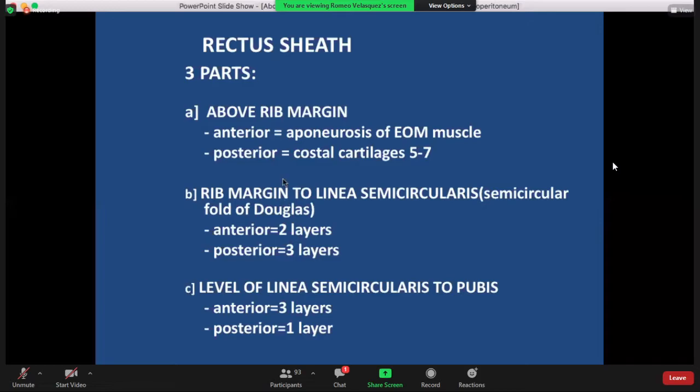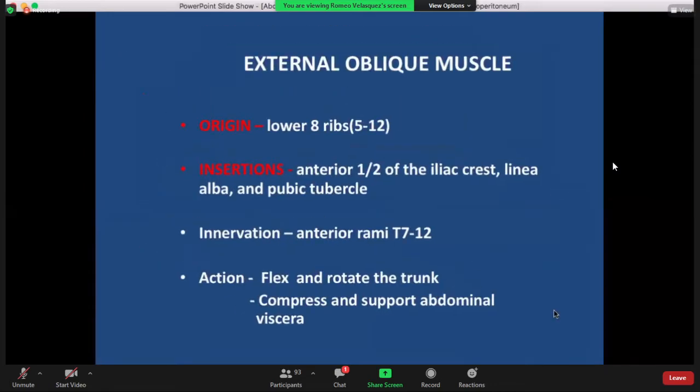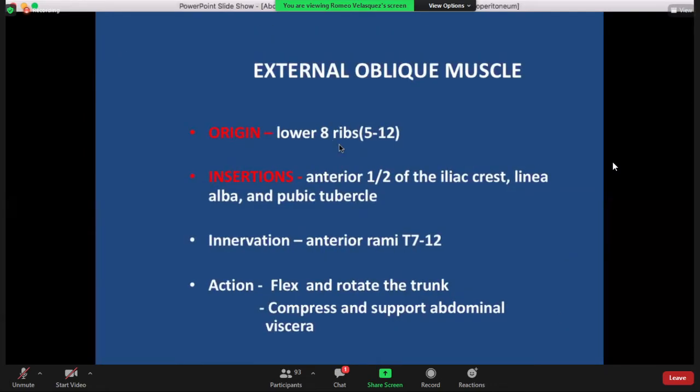And the exception again will be once this rectus sheath reaches the costal cartilages. Okay, external oblique right there: origin, insertion, innervation, action. All right, those are the attachments.